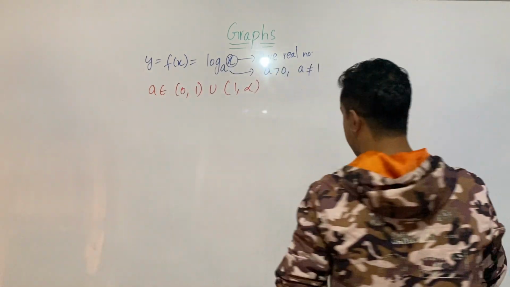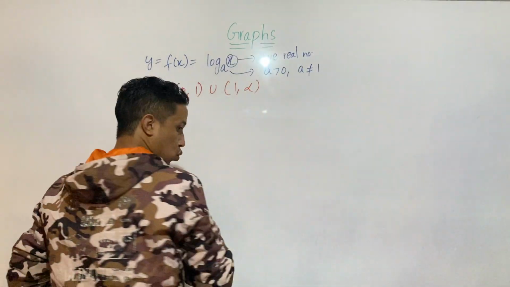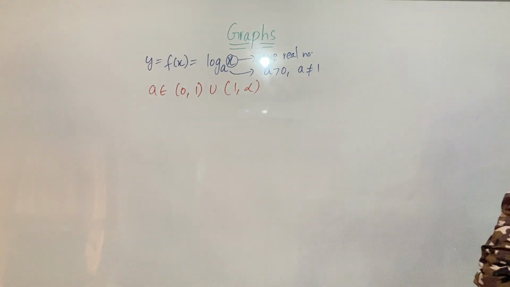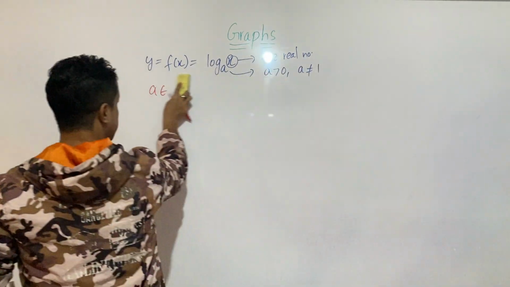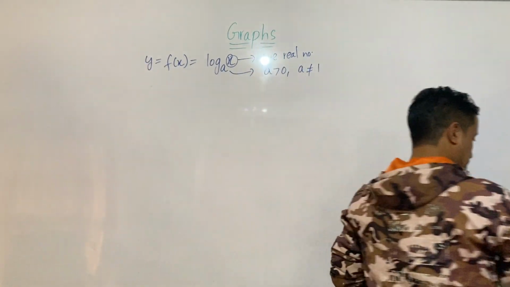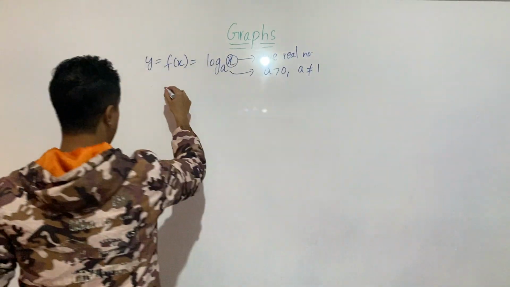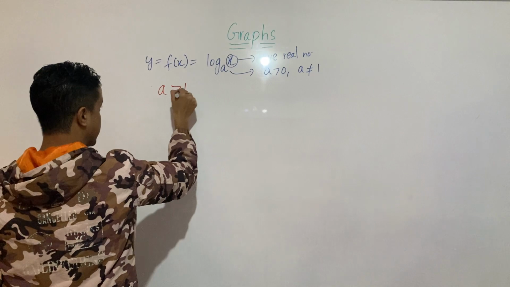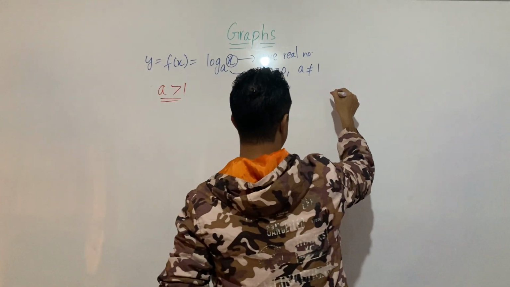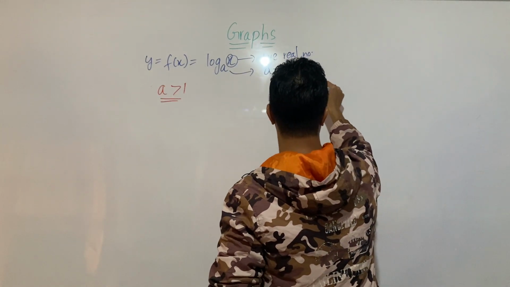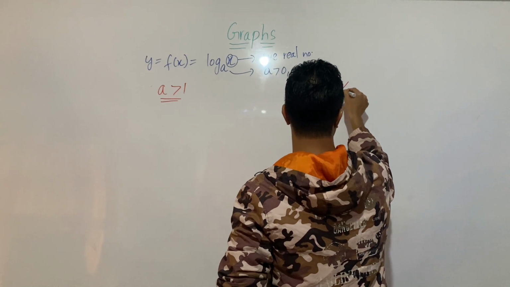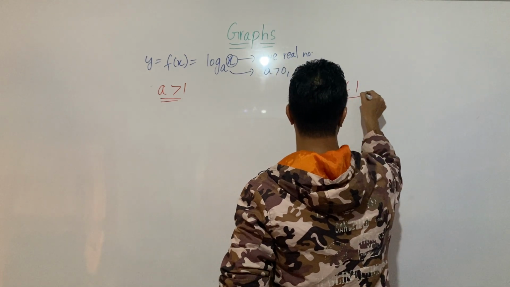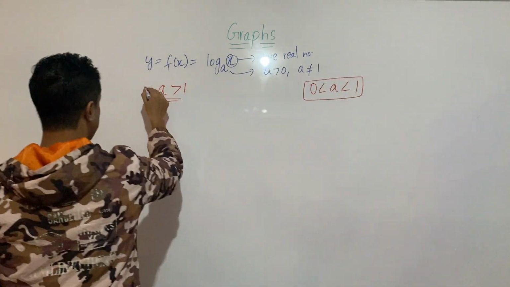Okay, so let's start with a. This side we are going to plot for a greater than 1, and this side we are going to do it for when a is between 0 and 1.